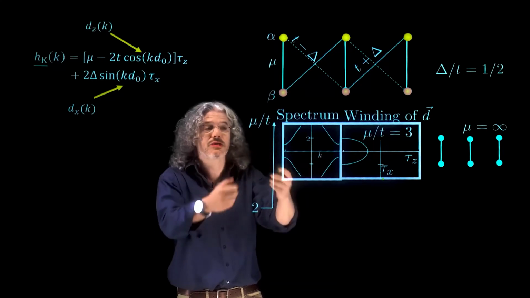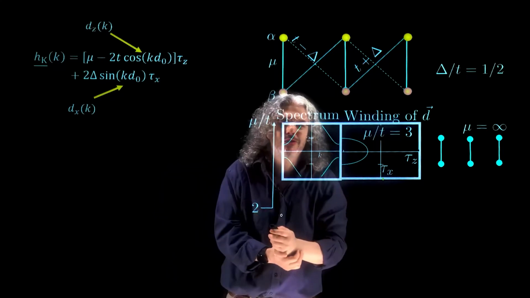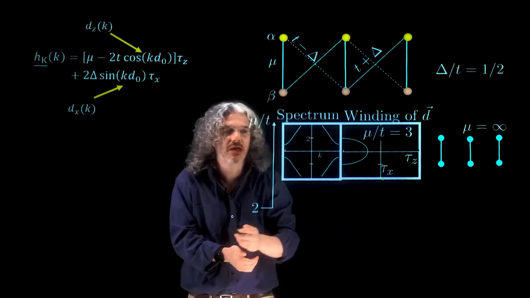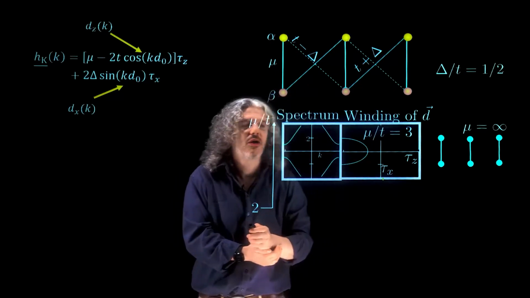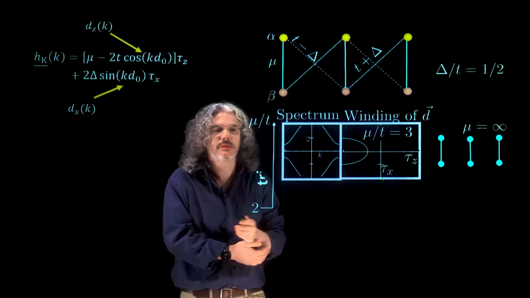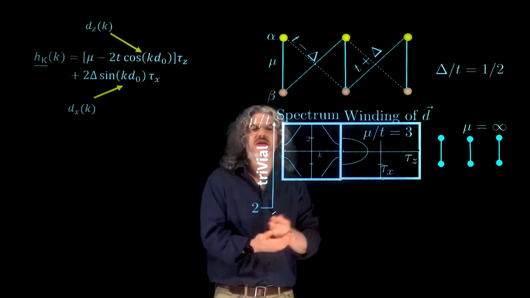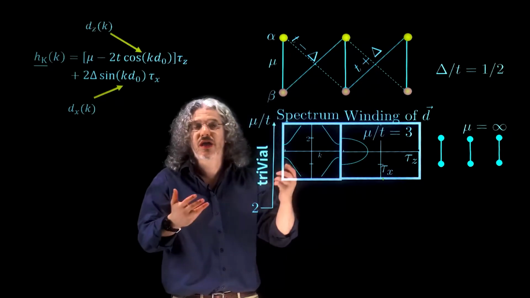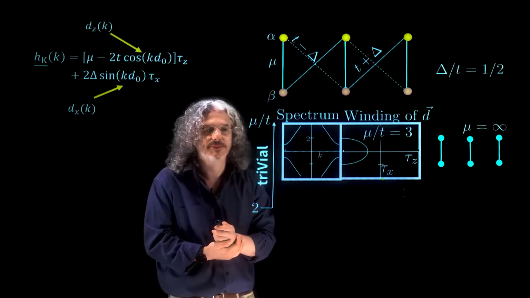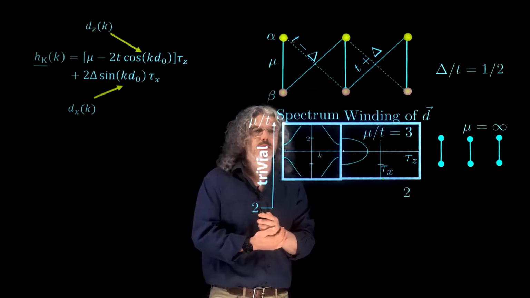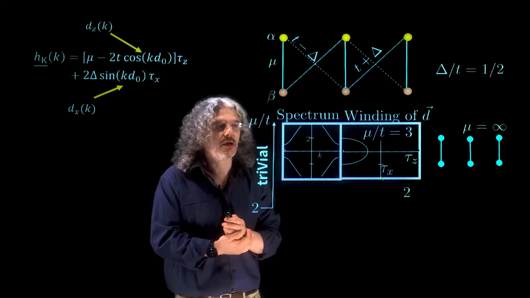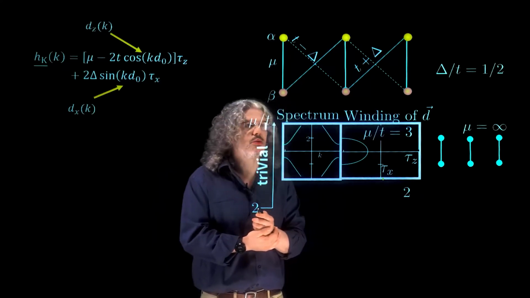The gap is not closed, so we don't expect to see a Majorana zero mode at the end, and indeed the winding of d also doesn't cross the origin. So this is the so-called trivial situation, where we don't have Majorana zero modes at the end. Now let's look at what happens when mu over t is equal to 2.